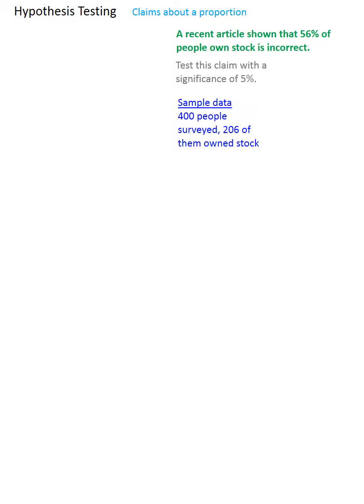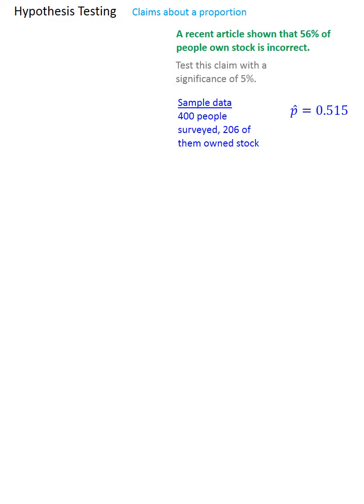So we do some sampling. 400 people surveyed, 206 out of those 400 own stock. 206 divided by 400 gives me a 51.5% sample proportion for those who own stock. Well, let's see. The article claimed that 56% of people own stock, and I have a sample where only 51.5% of them own stock.